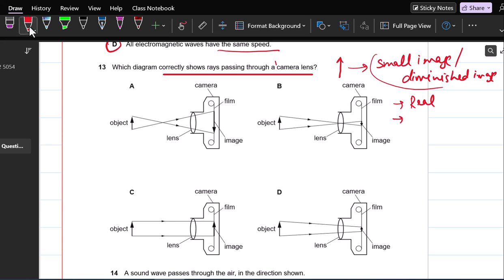We discussed this when we drew the ray diagrams, and the camera lens is one application of that. A real image and an inverted image is going to be there. So this option is not possible. Here we have a magnified image, this is not possible. This is not inverted. Here it is diminished, inverted, and real. So B is right.